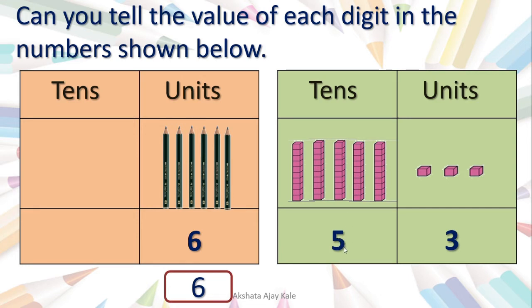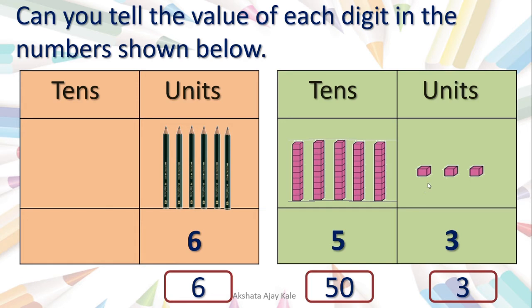Means there are 50 boxes, correct? There are 5 bundles, and 5 is in tens place, so 5 tens are 50, isn't it? And the value of 3 remains as it is, because only 3 single units are there. So 3 remains as it is, that is the value is 3. Okay.